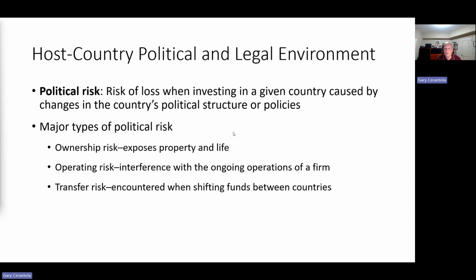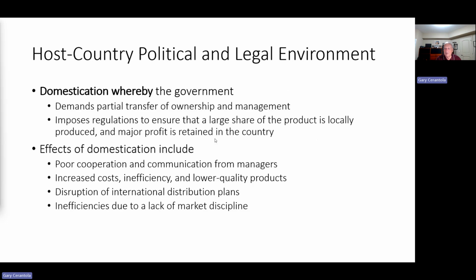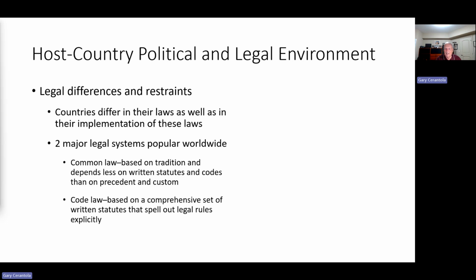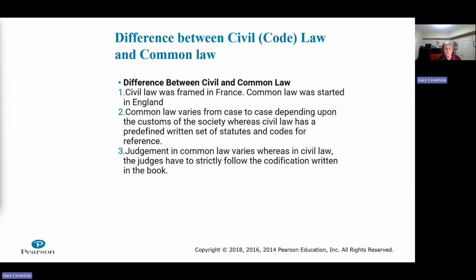Political risk is really important, and so I put some slides in here to cover that piece. And understand the difference between the different law codes. Know the difference between civil code and common law. Canada itself has both: in Quebec it's civil code law, and the rest of Canada is common law. Civil law was framed in France, so you can see that's where Quebec got its law.